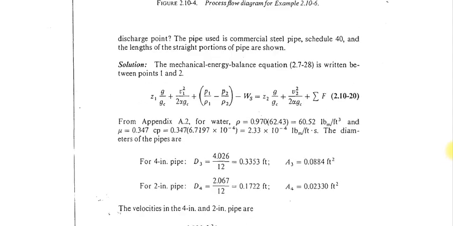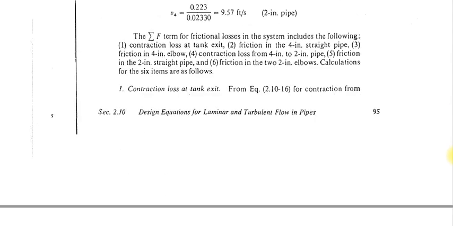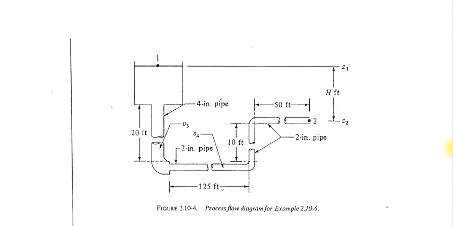Here the diameter of the pipe is changing from 4-inch to 2-inch, so you have the contraction loss at this point also. Then fifth, friction loss in the 2-inch straight pipe. Here fluid is flowing 125 feet here, 10 feet here, then 50 feet here. So for all this straight pipe, you have the friction loss in the 2-inch pipe.